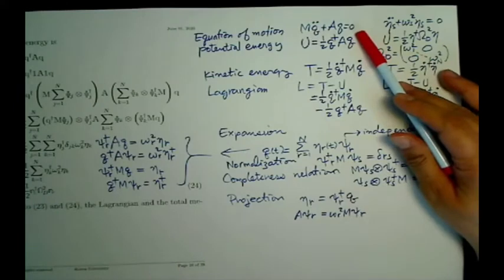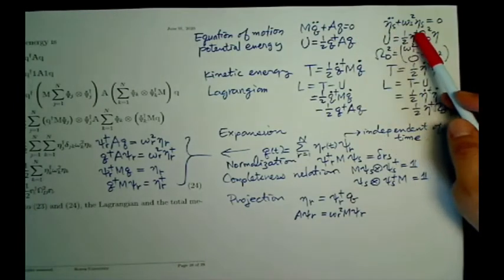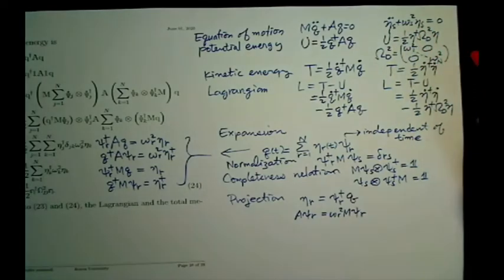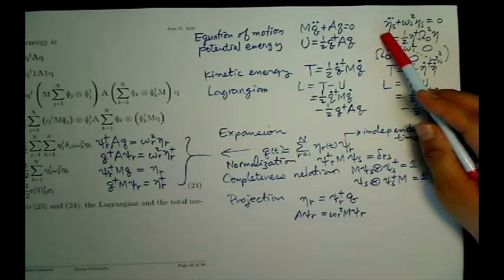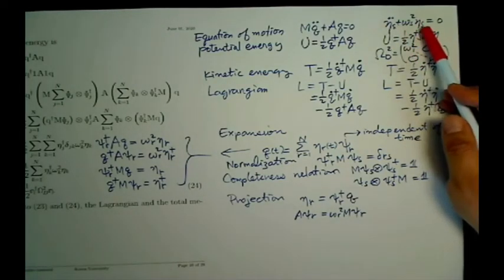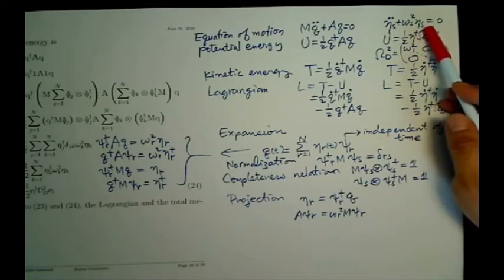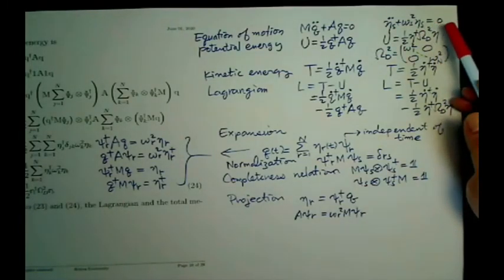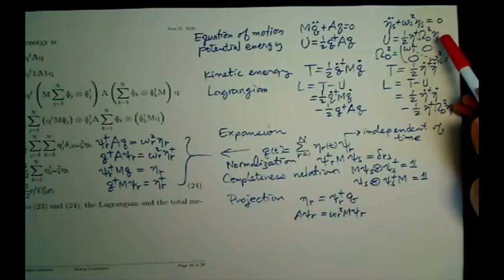All of the equations of motion are completely decoupled into n separate single equations. In this way, each single normal coordinate has its own equation of motion, and this single equation can be solved in a very straightforward way.